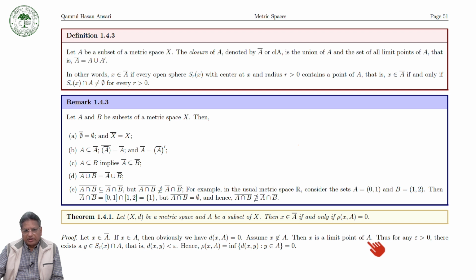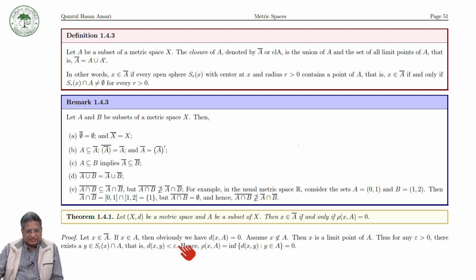So x is a limit point, which means that for every epsilon positive, the open ball with center at x and radius epsilon intersection A must be non-empty. So there must exist a point y in this set. It means that the distance between x and y is less than epsilon.